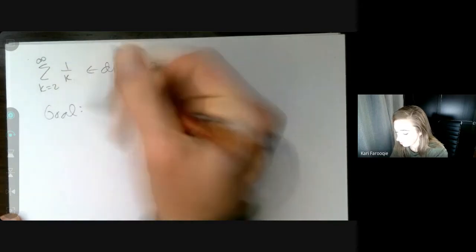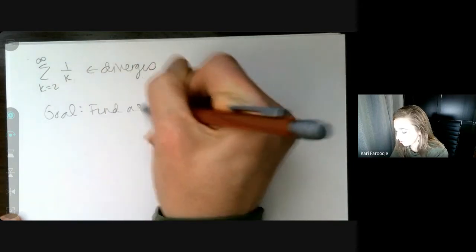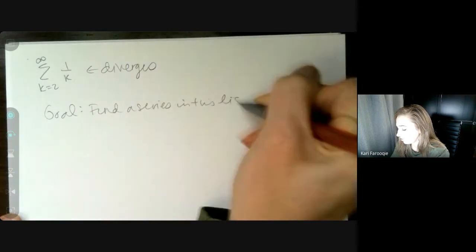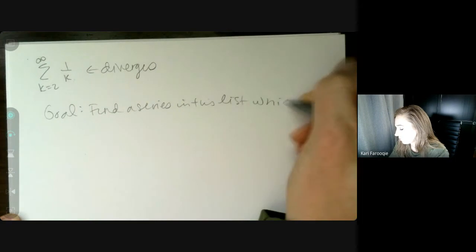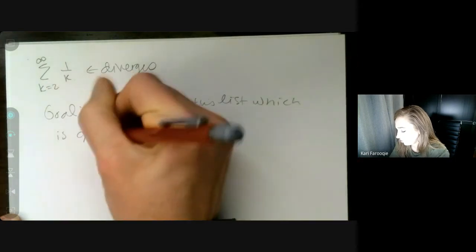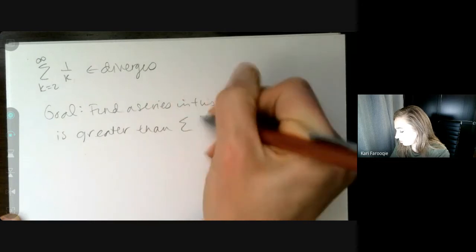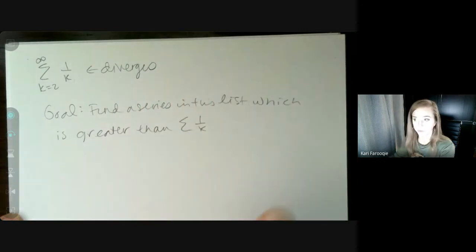So your goal is to find a series in this list which is greater than 1 over k.